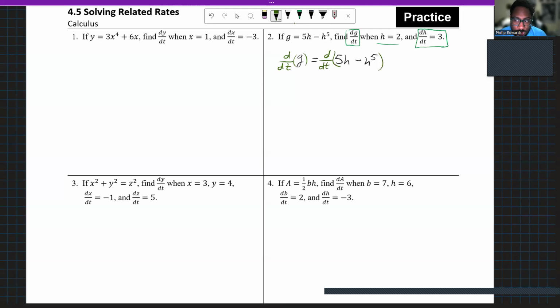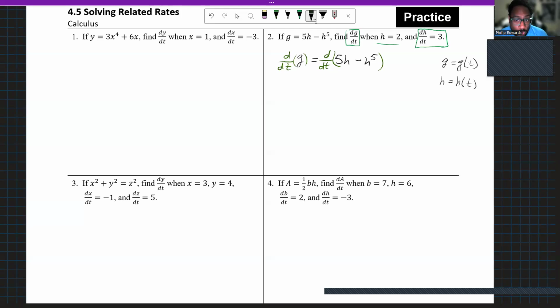It's called a related rates question, which is to say that when you take your derivatives, the value that you get will be defined implicitly. Because the variable here does not match the variable here, we know that g is a function of time and h is a function of time. So when we take our derivative, we'll technically have to use the chain rule.